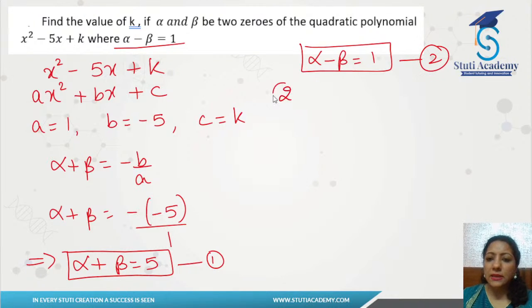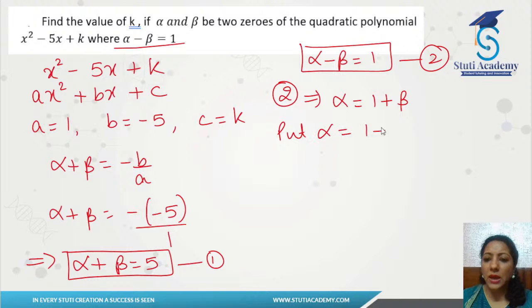Now let us take the second equation. From this second equation, if we take beta on the other side, we are going to get alpha equal to 1 plus beta. Now we are going to put this value of alpha in the first equation.